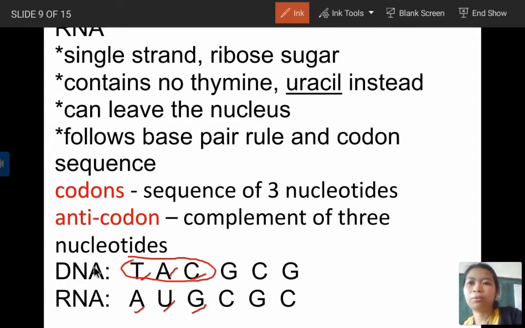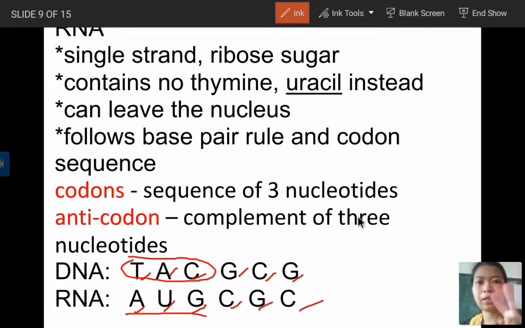So this is the codon, and this one is anticodon. While for this one, the DNA strand is guanine, cytosine, and guanine. And then for the complementary or the anticodon, we have cytosine, guanine, and cytosine. So that is how you are going to transcribe DNA to RNA.